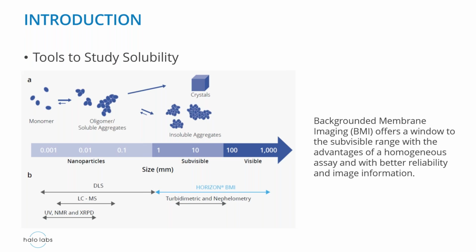So what is being done mostly is that they use molecular technologies, for example, dynamic light scattering or mass spectrometry, NMR, or powder X-ray crystallography, to try to observe these phenomena. The problem is that these current tools take a lot of time.